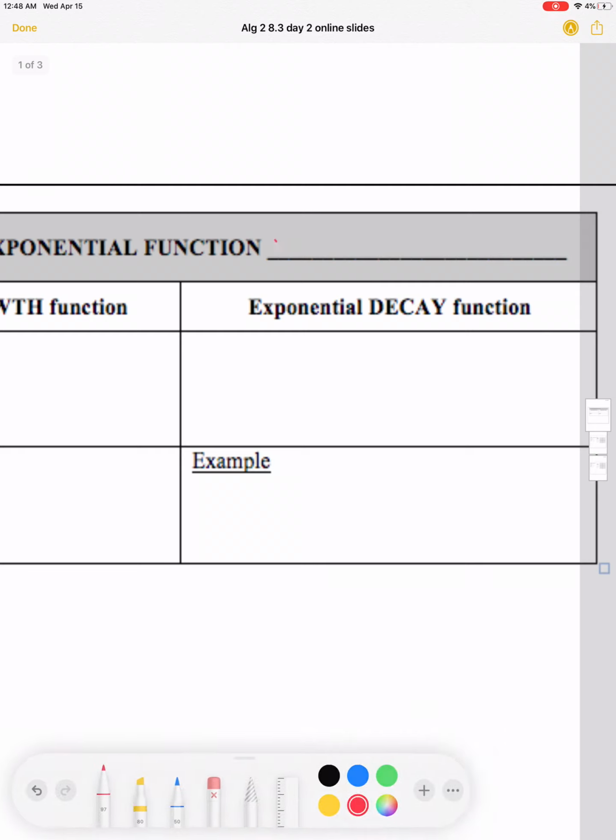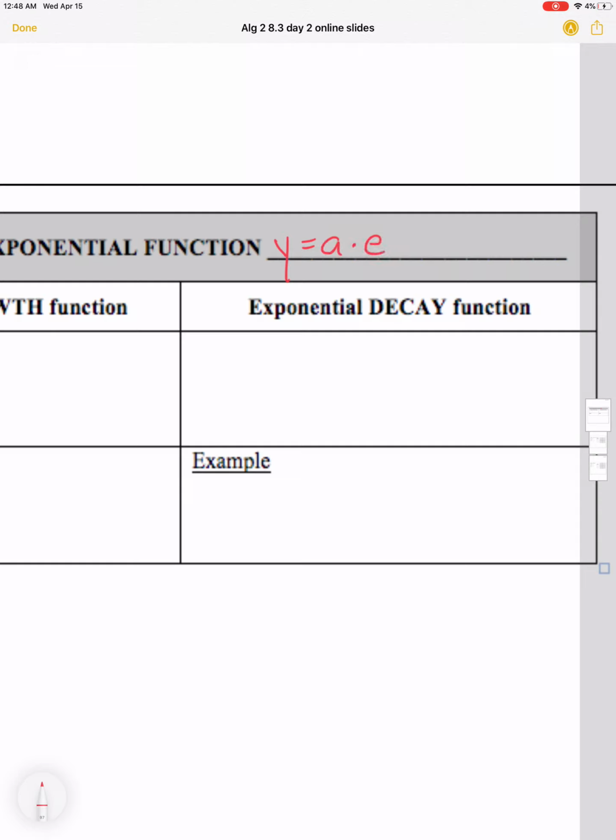So it really is y equals a times e, and then this is r times x minus h plus k. Okay, so this equation is kind of like the graphs we did a month ago when we were in school.